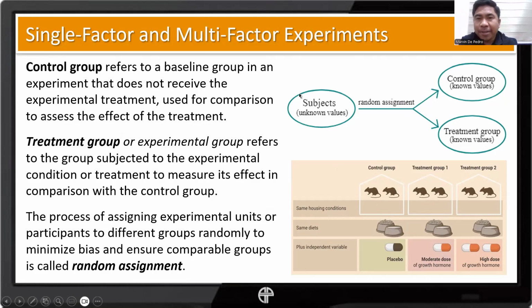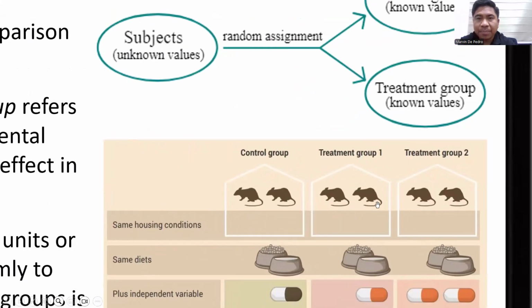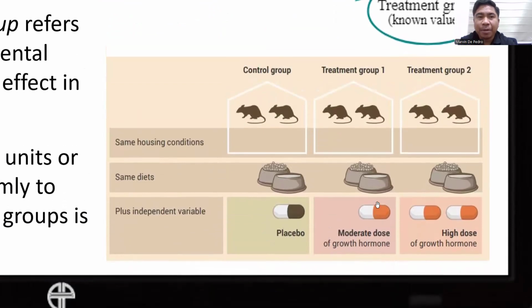So for example, subjects which are unknown values, if we do a random assignment, we can have control group and treatment group, for known values. All right, so we have an example here. Let's zoom in. We have these mice or rats in different groups.